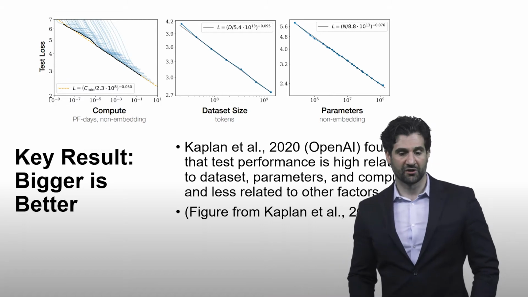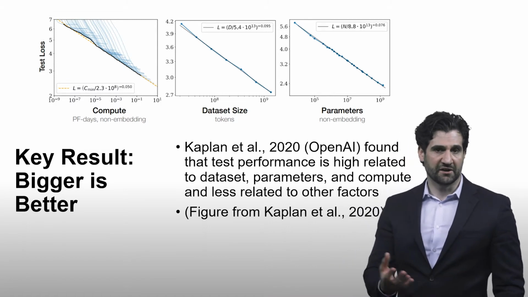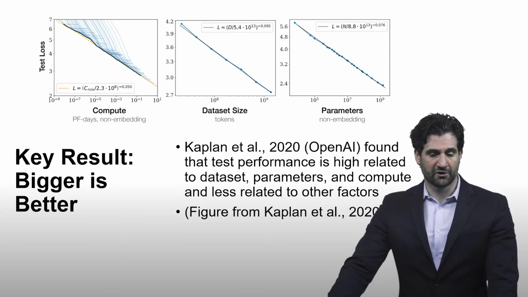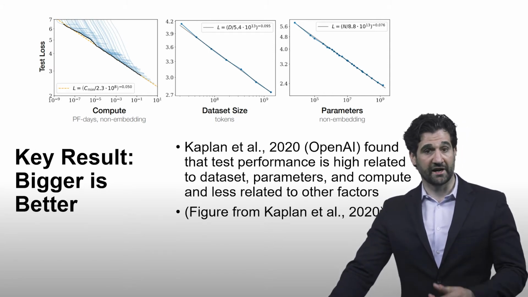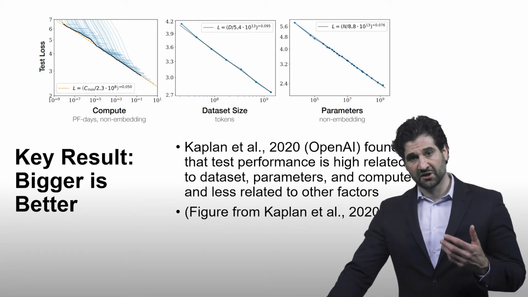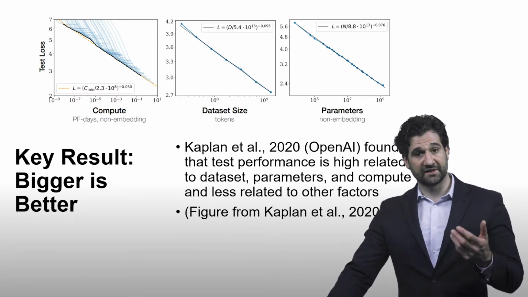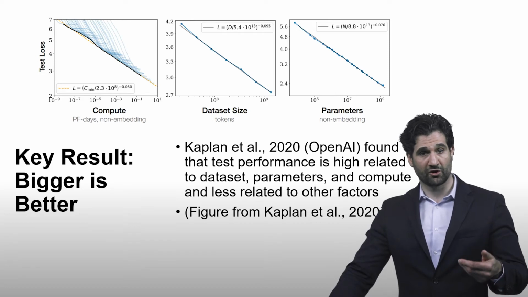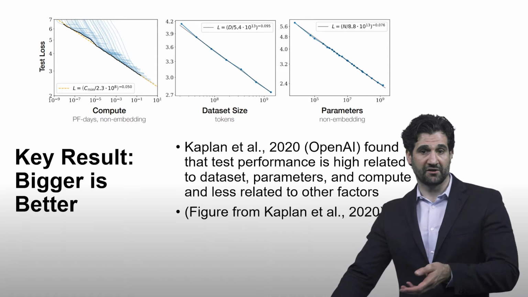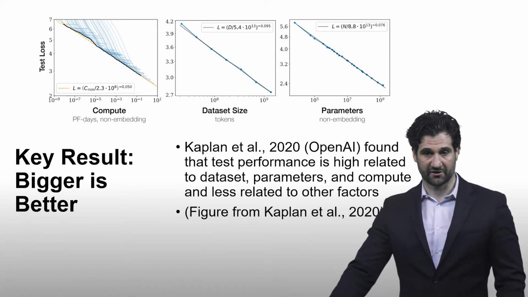So as we see, the loss on a test set with these very large neural approaches gets lower and lower just by throwing more data and more parameters at the problem. And the study that showed this illustrated that these factors are much more closely related to the accuracy of the model as opposed to other things such as the architecture.